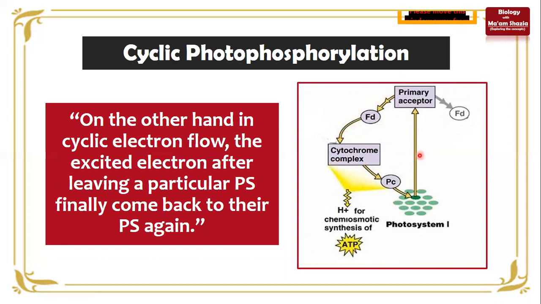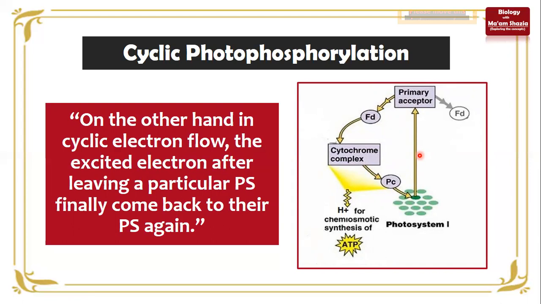Why does the plant have to do this? The reason is that the plant has a low level of ATP. It needs more energy, and there is a smaller number of ATPs in the plant.